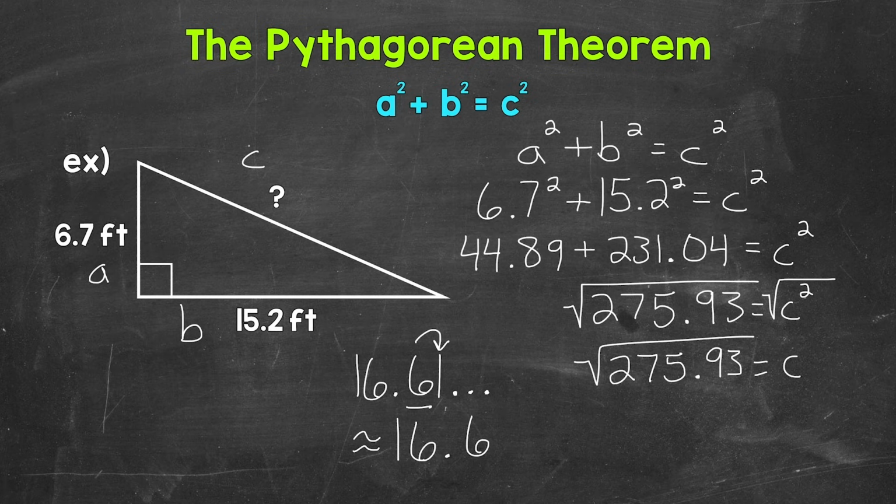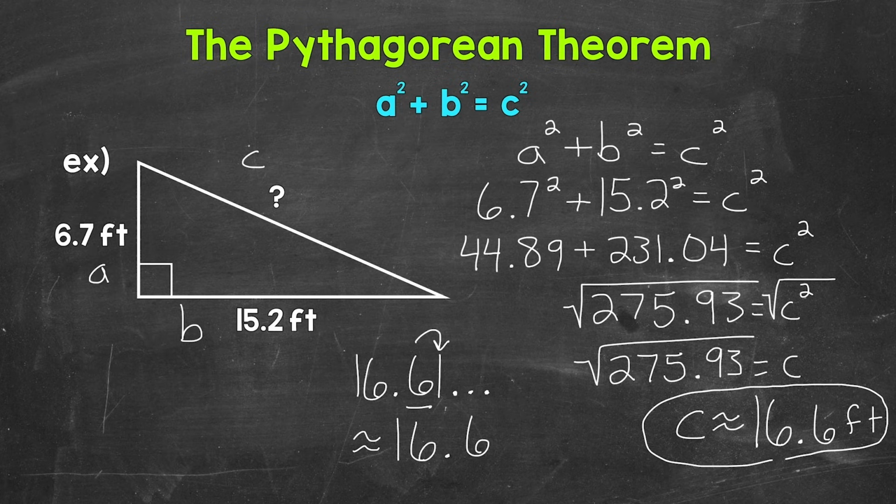So C is approximately 16 and 6/10 feet. The hypotenuse, the unknown or missing side length of this right triangle, is approximately 16 and 6/10 feet.